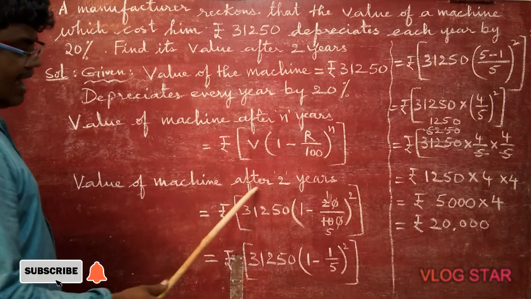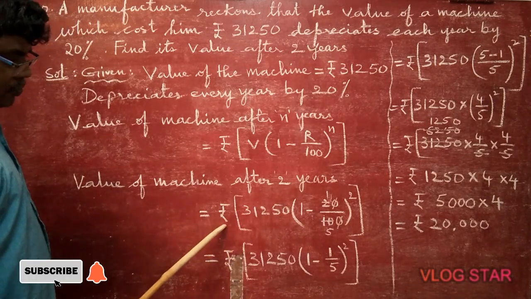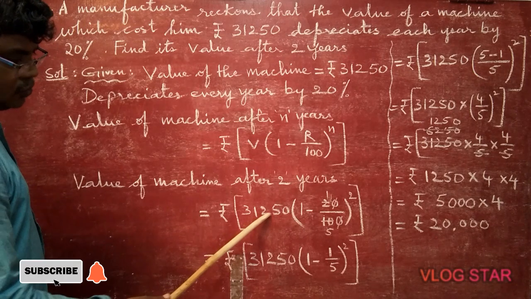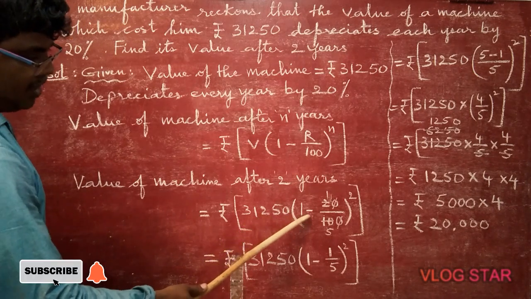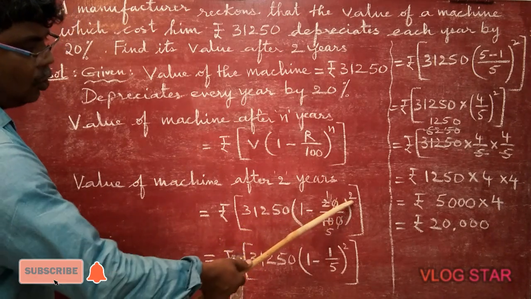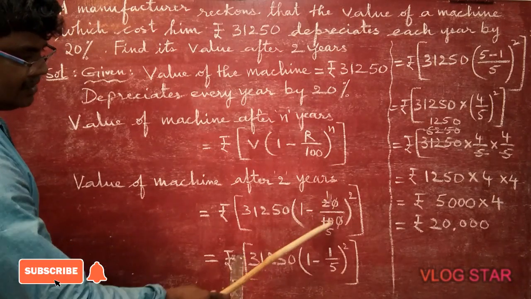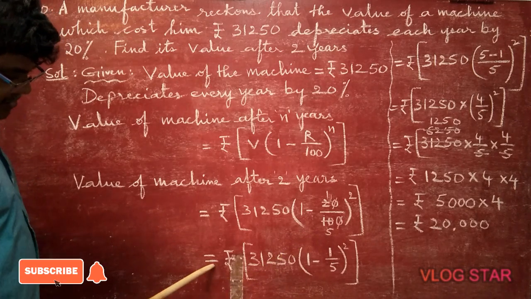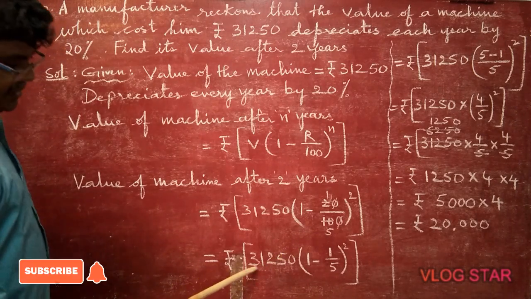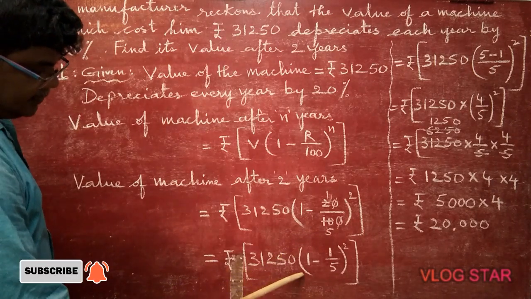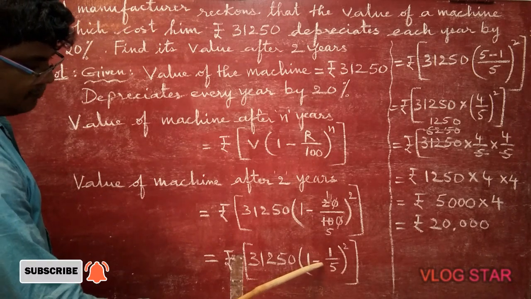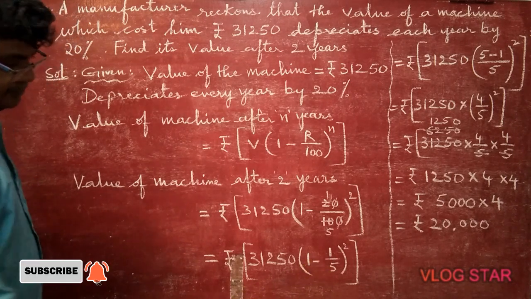Value of the machine after 2 years is equal to rupees 31,250 into 1 minus 20 by 100 whole square. 0 0 get cancelled, 2 ones are 2, 2 fives are 10, so that is equal to rupees 31,250 into 1 minus 1 by 5.